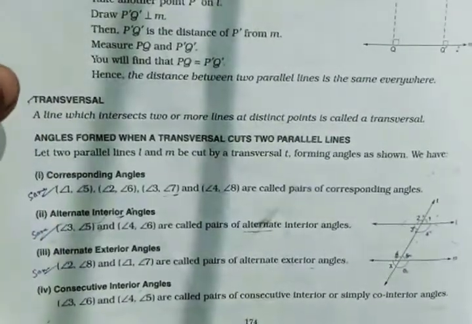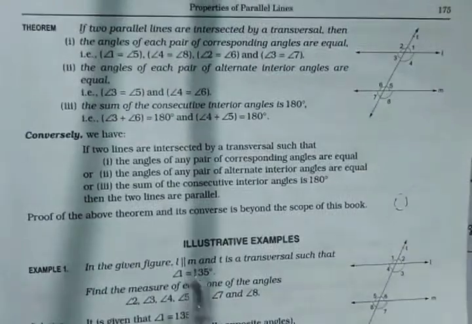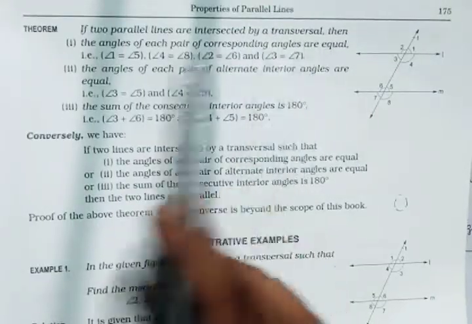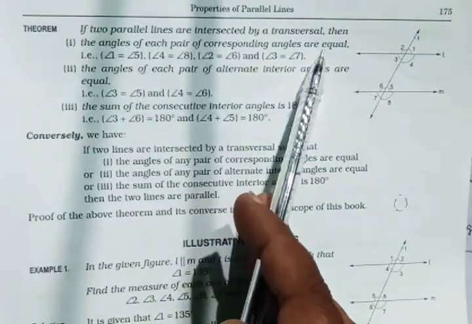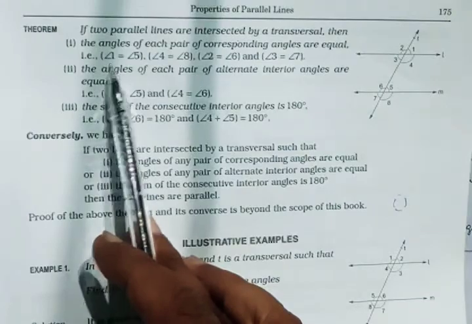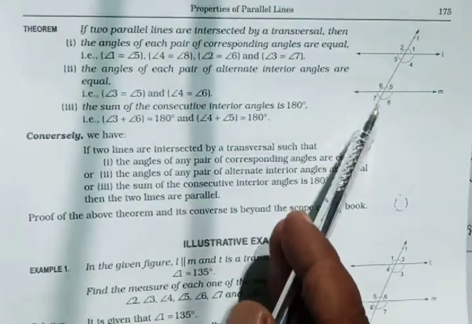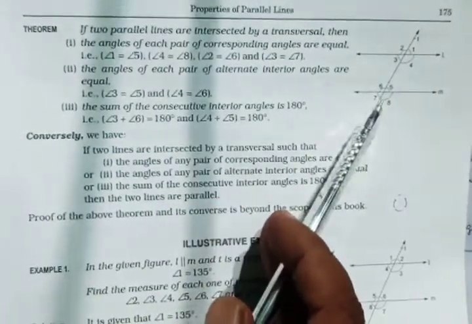Next, come to one theorem. A theorem is also given in the book. If two parallel lines are intersected by a transversal, then the angles of each pair of corresponding angles are equal. That means angle 1 equals angle 5, angle 4 equals angle 8, angle 2 equals angle 6, angle 3 equals angle 7. Okay.